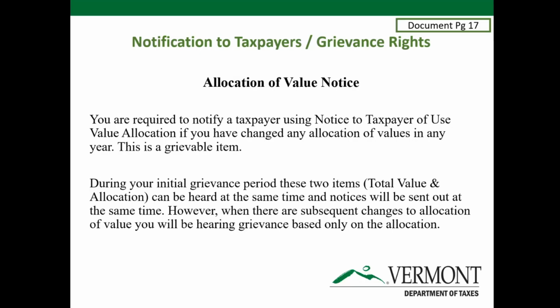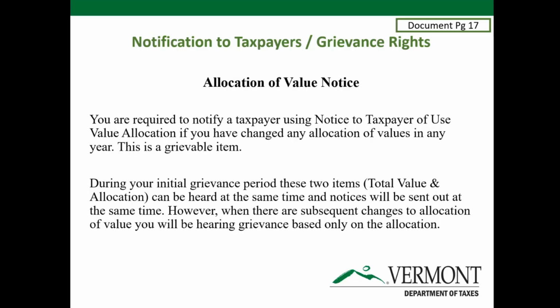So during your initial grievance period, these two items, the total value and allocation, can be heard at the same time, and notices will be sent out at the same time. That's ideal. Why? Because you don't want to schedule two different grievance hearings, staffing them with all three of your listers, or whatever your composition is, for two separate hearing processes.